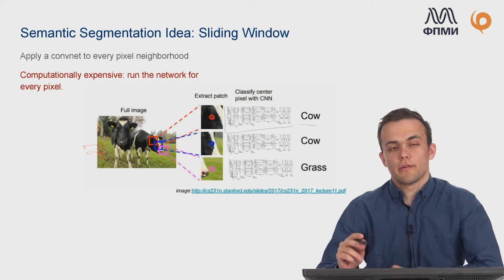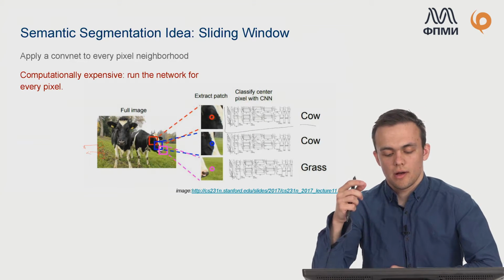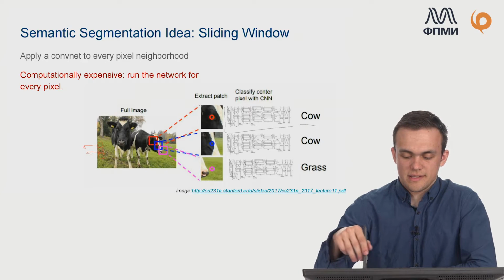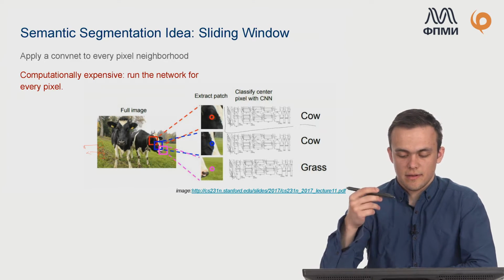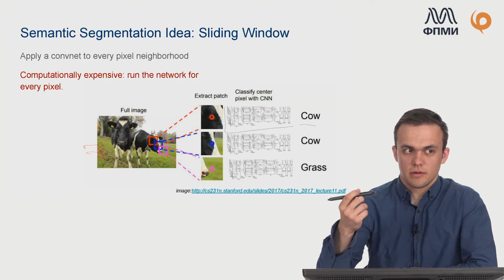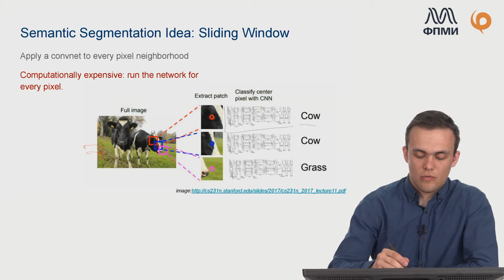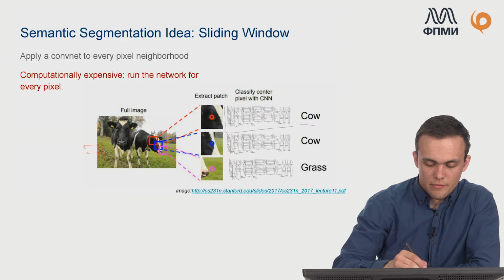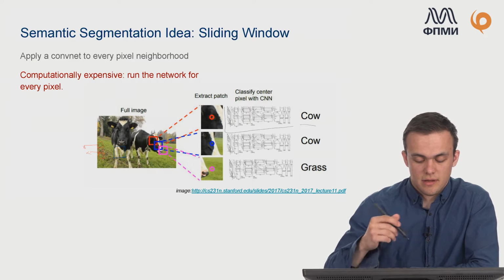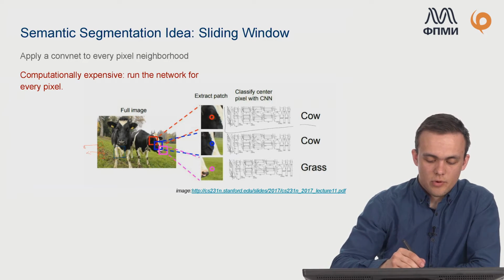But there is a big disadvantage of this approach: we need to run this neural network a lot of times, and you do not use the information when the windows are overlapping. When you apply a patch here, it can be of arbitrary size, it's up to you and depends on the network model.